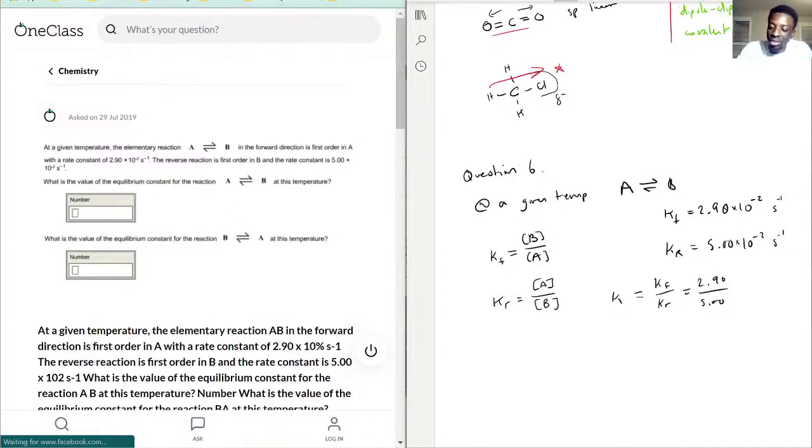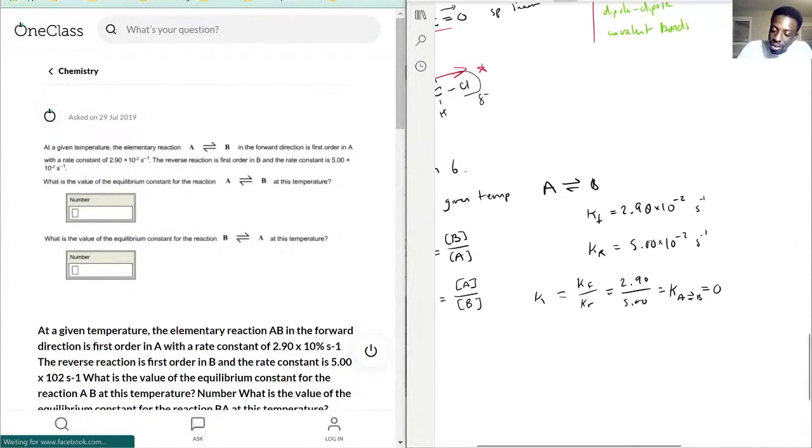Since they're both 10 to the negative 2, we don't really need that, but pretty much our equilibrium constant K from A to B is equal to 0.580. That's what we get.